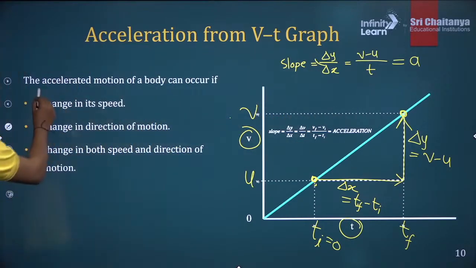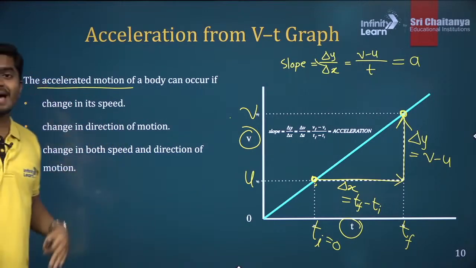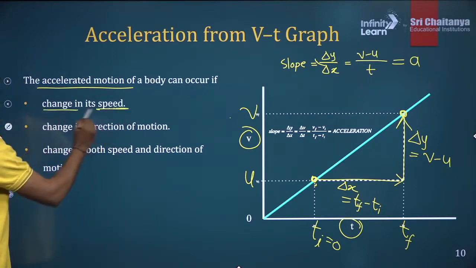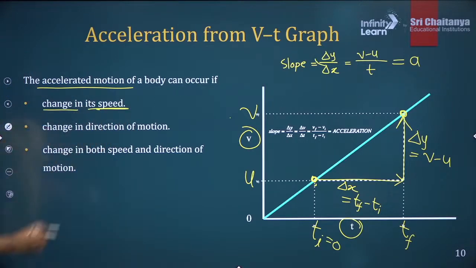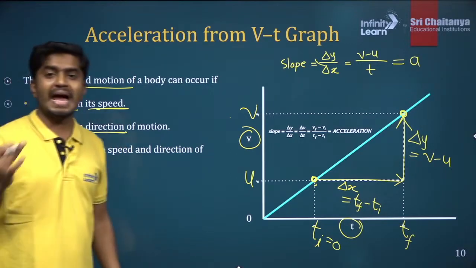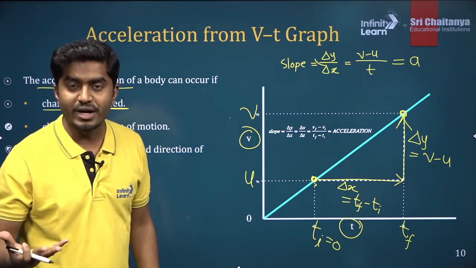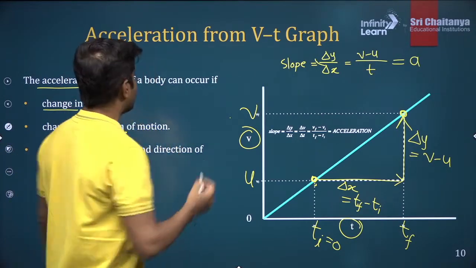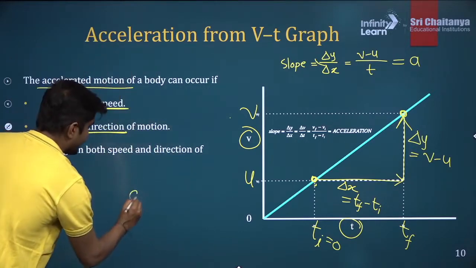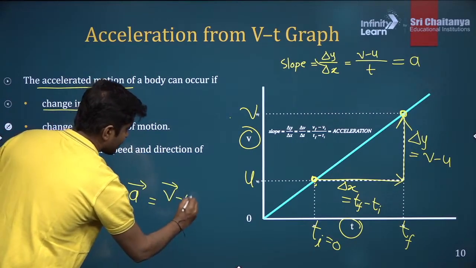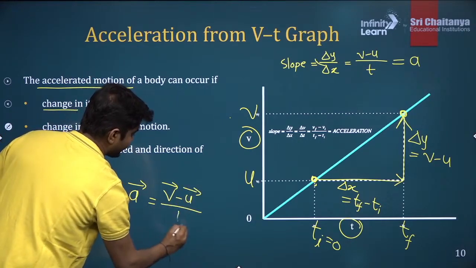So there is an accelerated motion of a body. Whenever you call it acceleration, there is a change in the speed or change in the direction, because do you remember, acceleration is a vector quantity, and even velocities are vector quantities. So in the vector form, we can write the acceleration vector as v minus u divided by time.